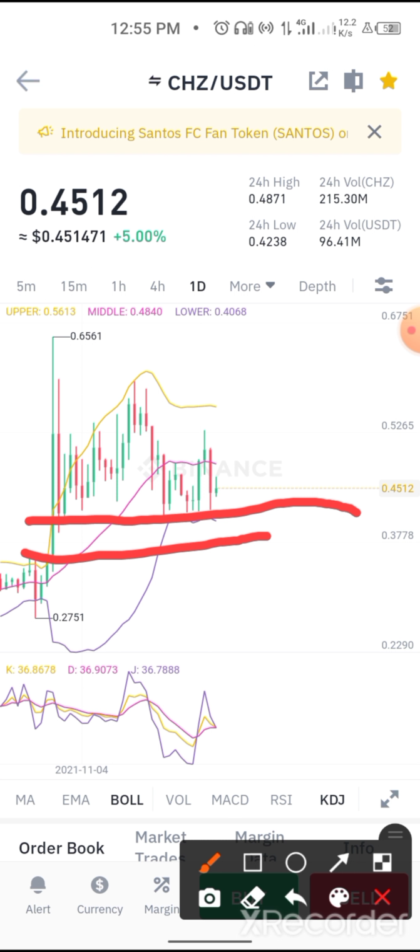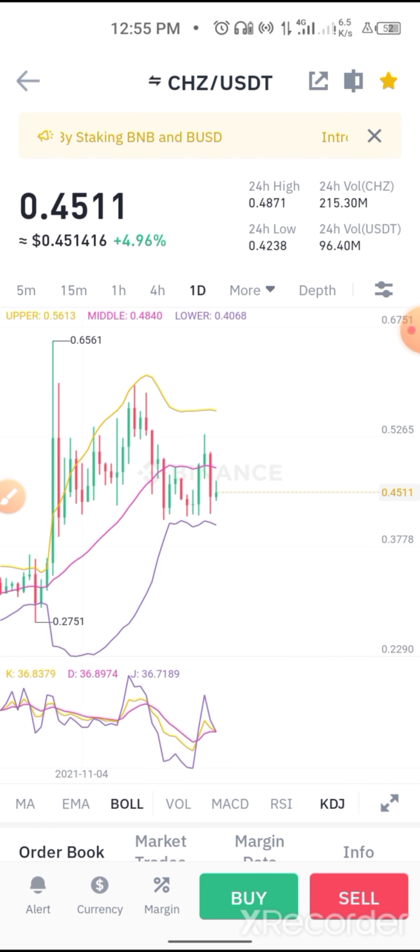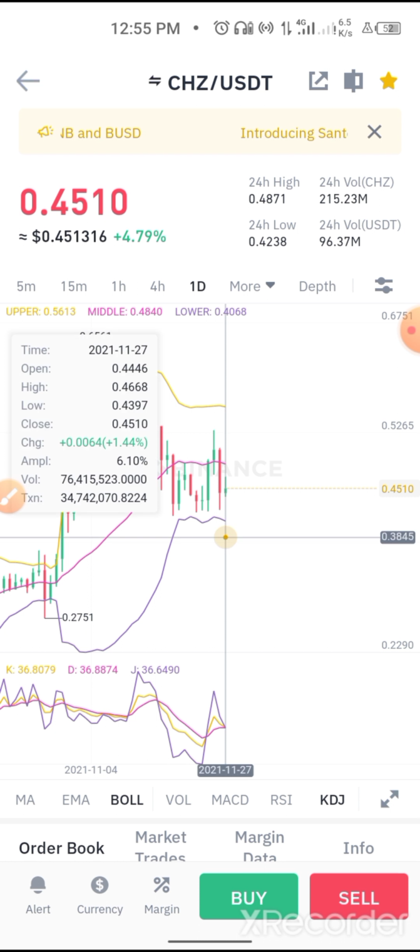What am I doing? This is my limit order. This is my stop. Now what I'm telling Binance is once it gets to 0.4244, place for me a limit order at a much lower price, 0.3697. What it means is that if it doesn't get to 0.4212, your order will not be on the order book.